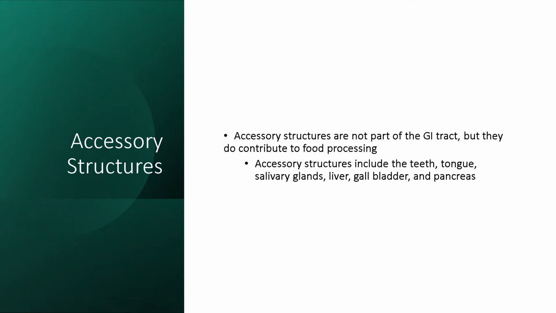The accessory digestive organs are those that are not part of the GI tract, but they do contribute to digestion and processing of food. So these are going to be things like the teeth, the tongue, salivary glands, the liver, gallbladder, and pancreas.